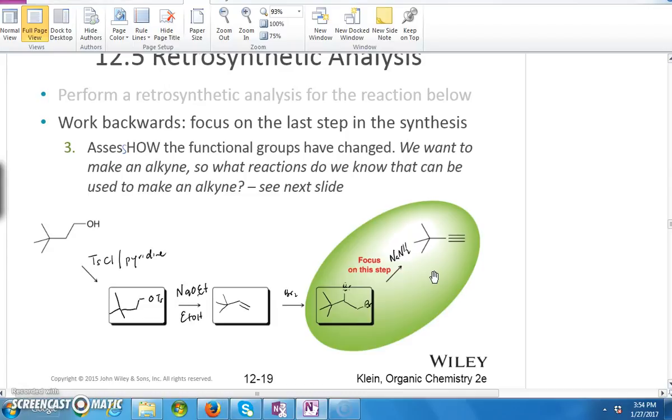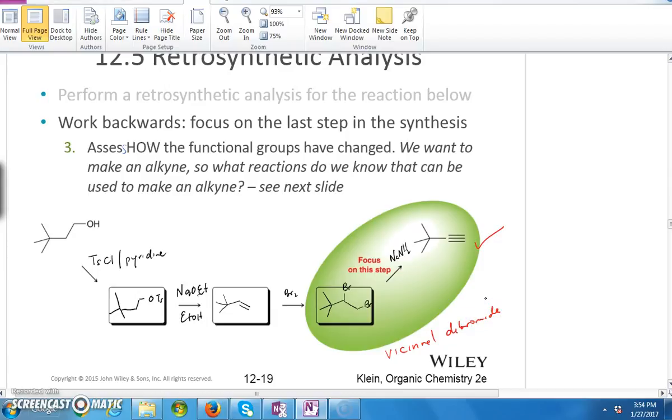You focus on the last step, and the question is, how can I make a terminal alkyne? I can make a terminal alkyne from a dibromo compound, a vicinal dibromide. So we can make a terminal alkyne from a vicinal dibromide.